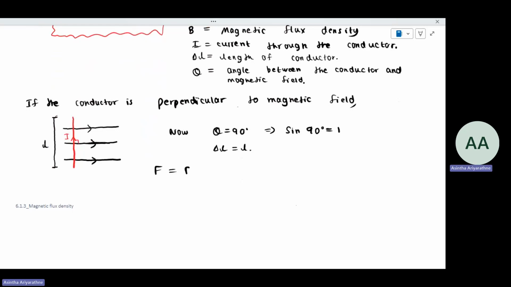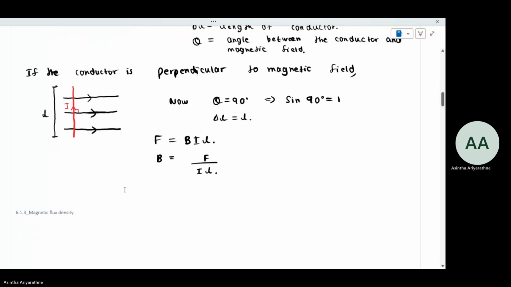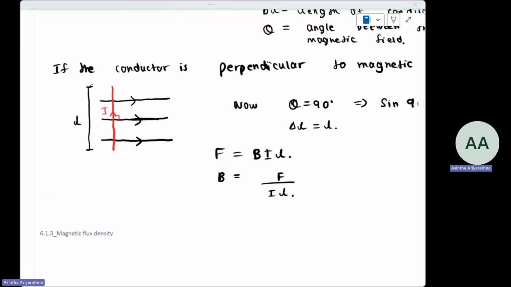F is equal to B I L. So B is equal to F divided by I L.